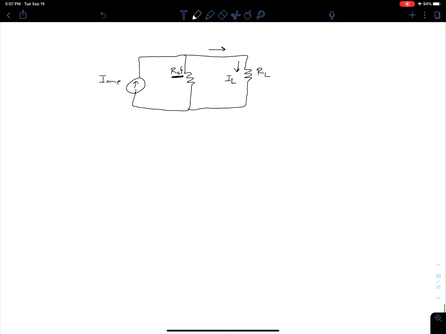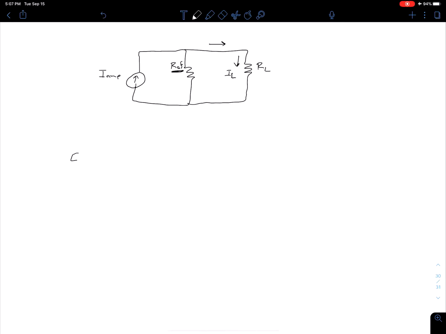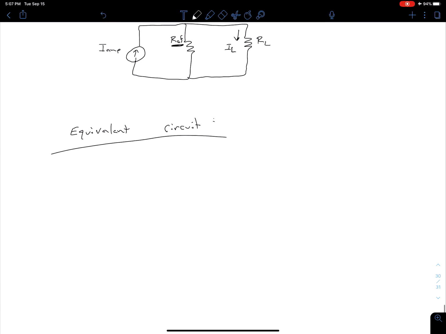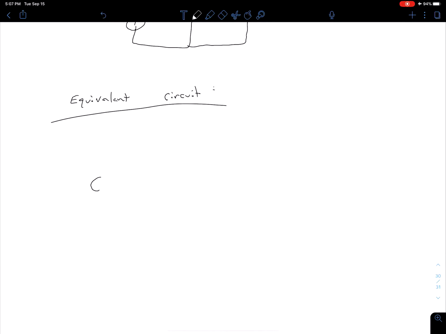So now we're ready to put all of these pieces together in order to make the equivalent circuit for our current amplifier, our shunt-series. So our equivalent circuit, using our transfer function, our input resistance and our output resistance, we have something that looks like this.